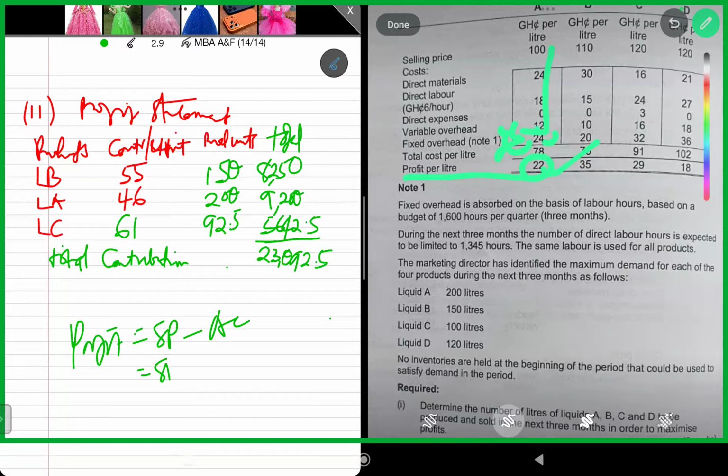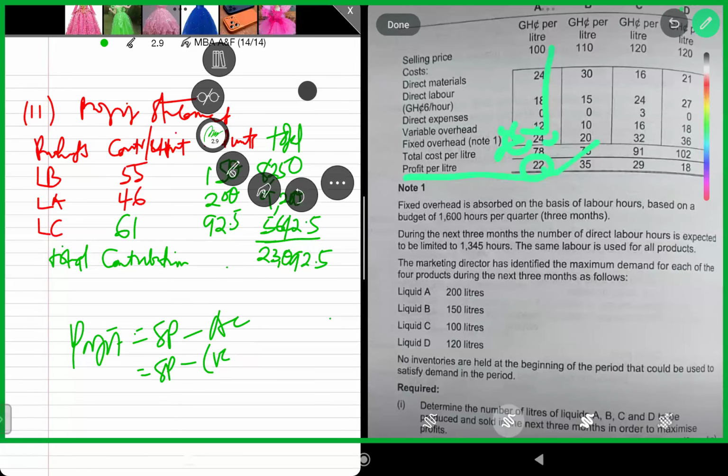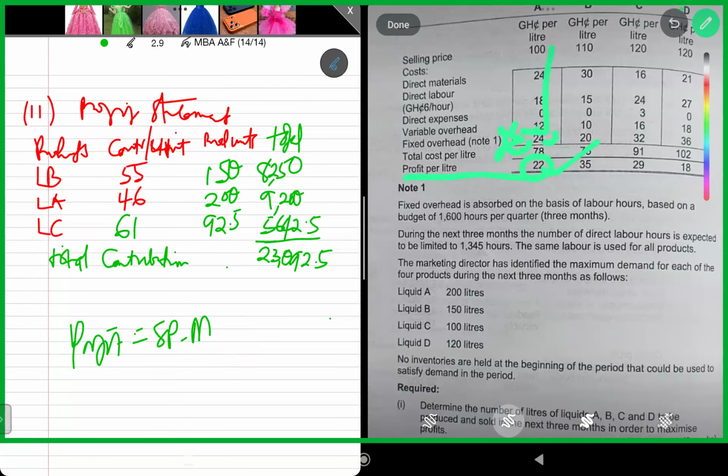I add the variable costs and the fixed costs, and subtract all from the selling price. Or, if I want to find a profit, it is the selling price minus the marginal cost, which will give me the contribution, minus the fixed costs, which will give me the profit.